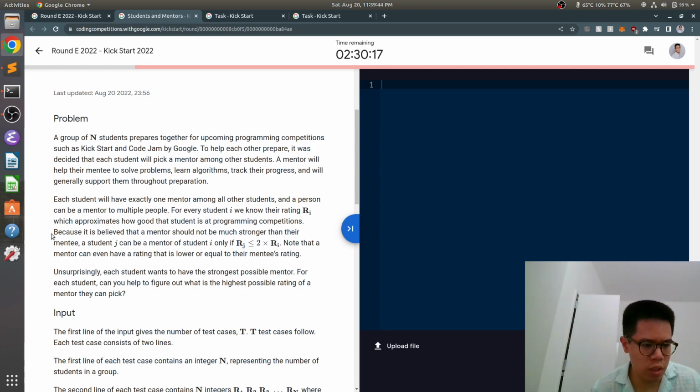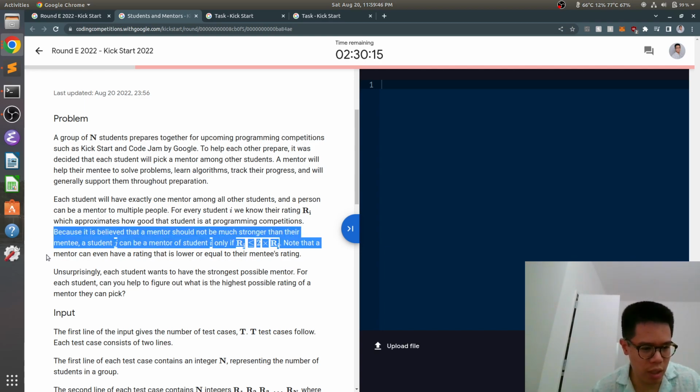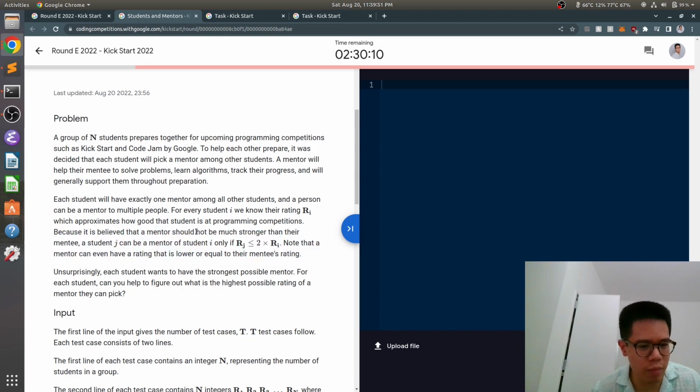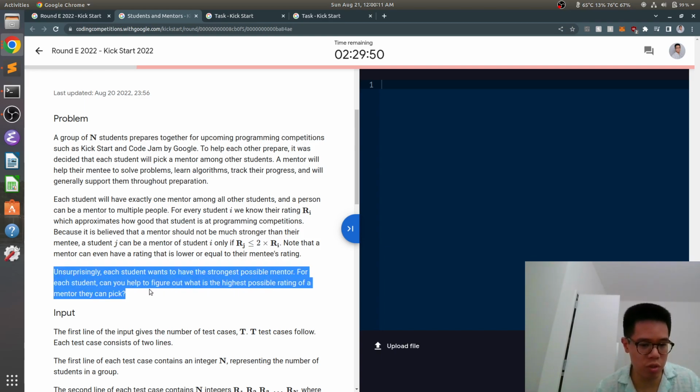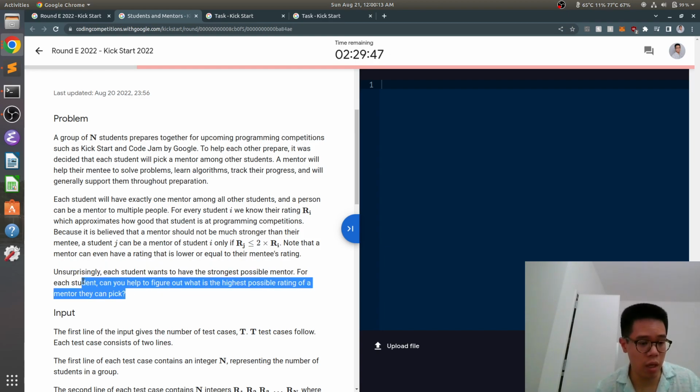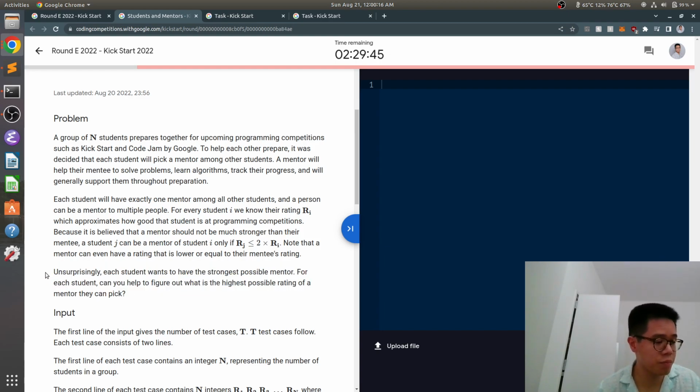This is not how I define a mentor, but apparently Google defines a mentor as someone where the mentor's rating is at most double the mentee's rating. If the mentor's rating is more than double, then that is too much and they cannot be their mentor. And then every student wants to have the strongest possible mentor. So we need to figure out for each student what is the highest possible rating they can pick as a mentor out of the other students.